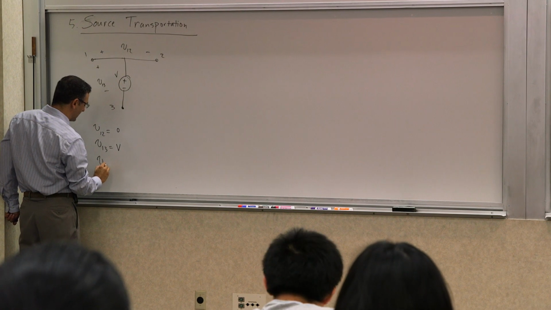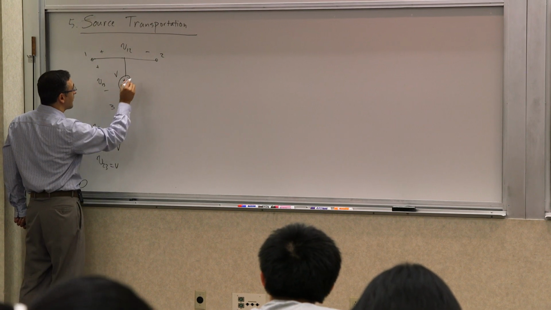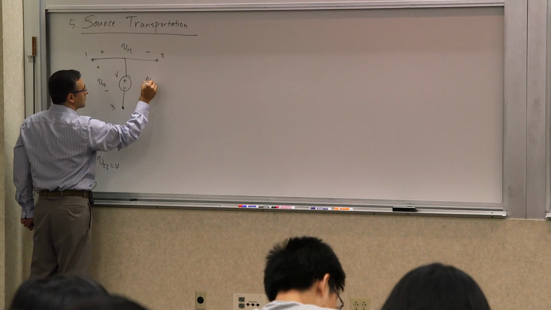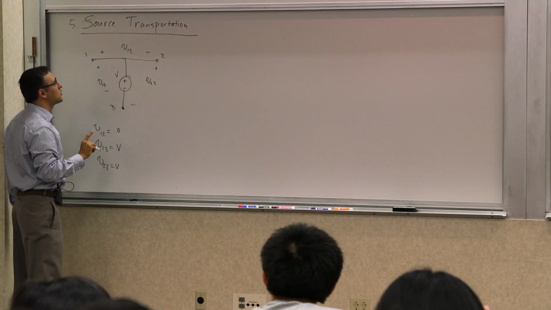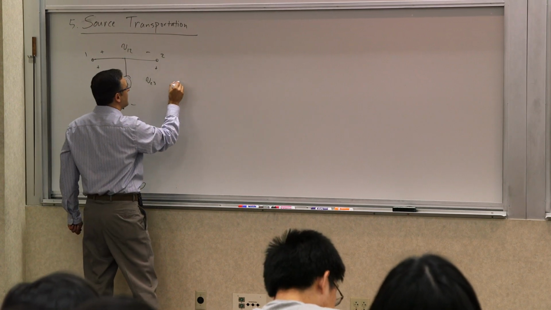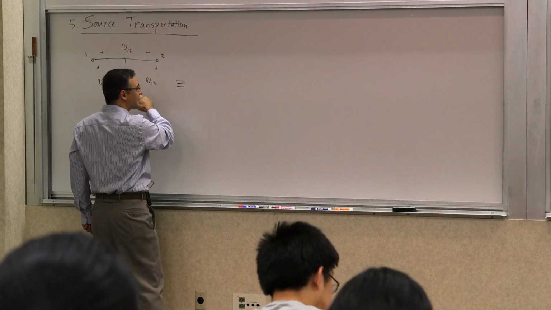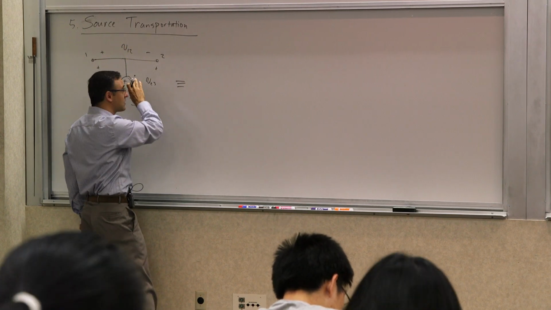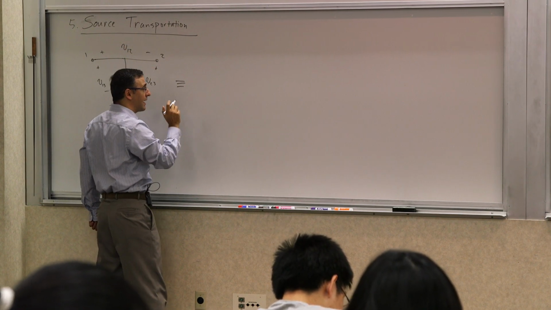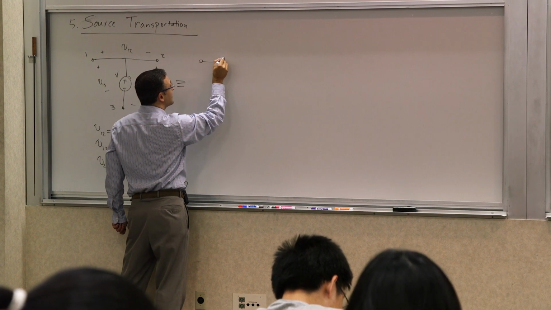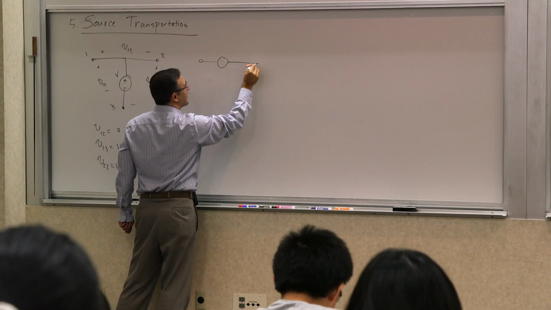And so is V2,3. So source transportation says, in the case of voltage sources, this network consisting of this one source and 2 nodes is exactly equivalent and indistinguishable from this network.